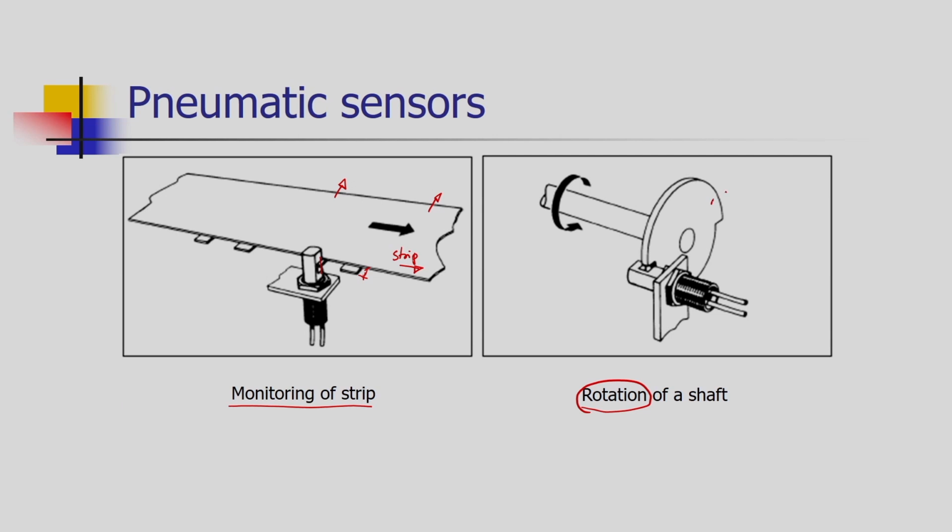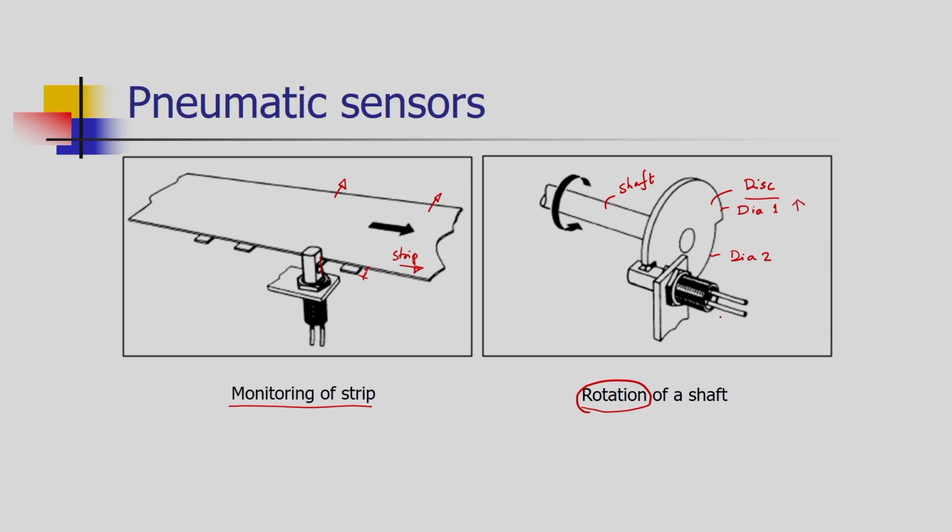Then we can measure the rotation of a shaft. For that purpose a disc is designed and developed and it is mounted on the shaft. Here you can see the disc is having two different diameters, diameter 1 and diameter 2. Diameter 1 is larger than diameter 2. When diameter 1 is in contact with the sensor, then there is an obstruction of compressed fluid.